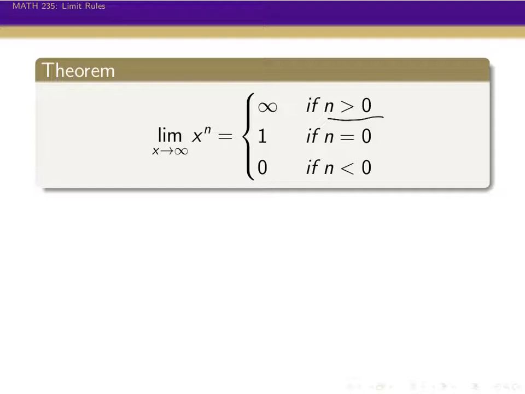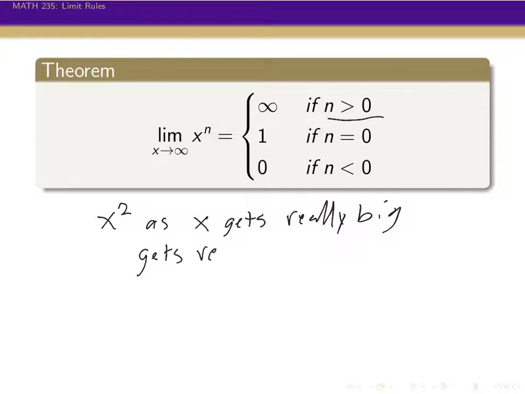If you think about what happens to x squared as x gets really big, well, if you take a really big number and square it, multiply it by itself, it's going to get huge, right? And so x squared gets really big as well. And that's going to be true for any positive power of x.